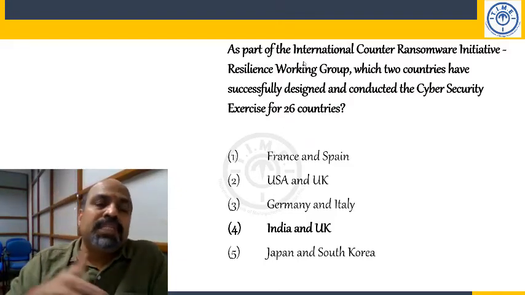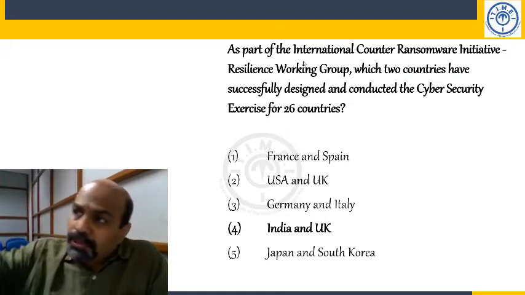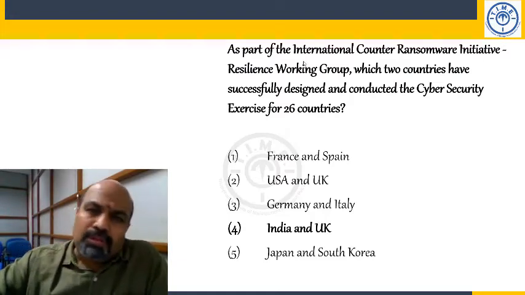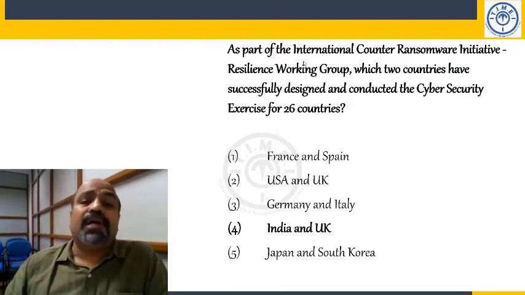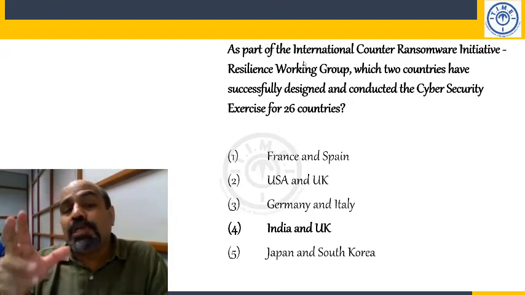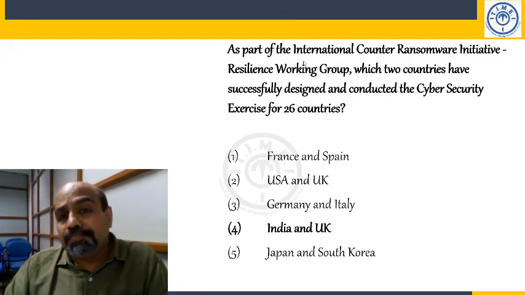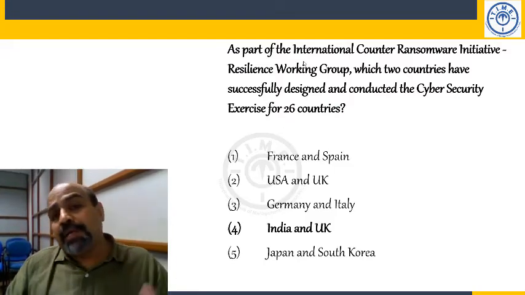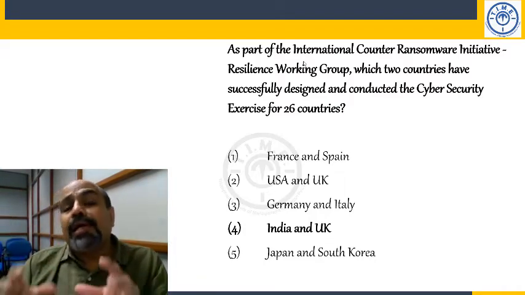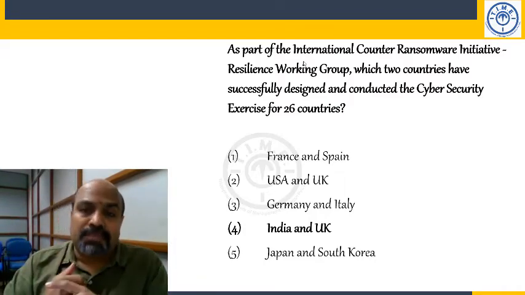They say that they will steal this data and put it on the web, and all those kinds of threats. So to counter this, the government of India and the British government have launched a cyber security exercise, and we are going to help a lot of countries in managing primarily their electricity distribution systems.